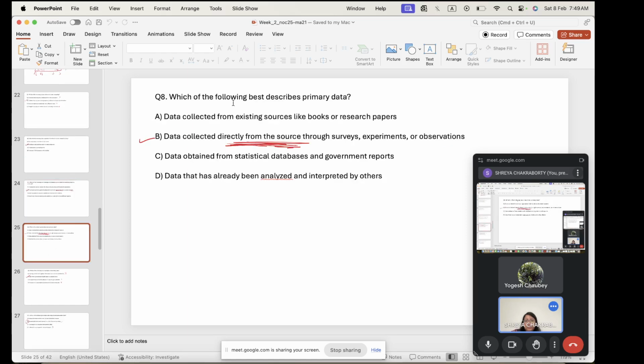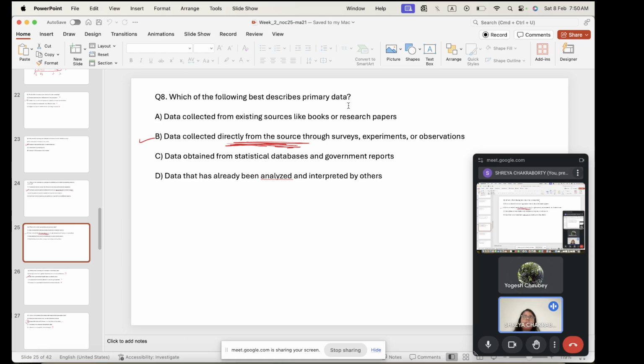This one is, which of the following best describes primary data? Primary data is data that is collected first hand. All other data sources are secondary data sources. So if an experimenter is going and doing hands-on data collection for the first time, that data is primary data.